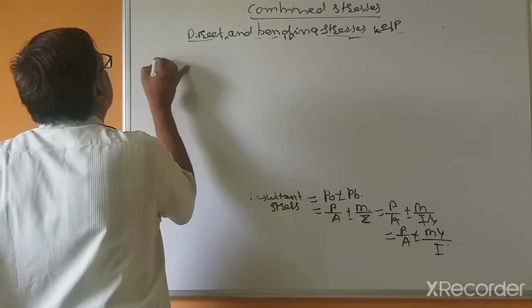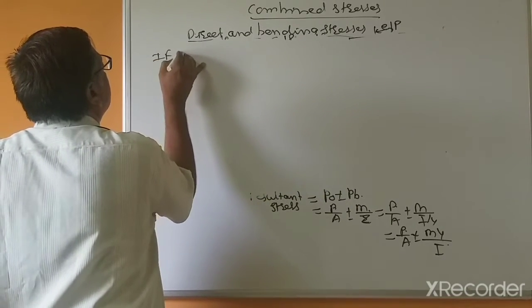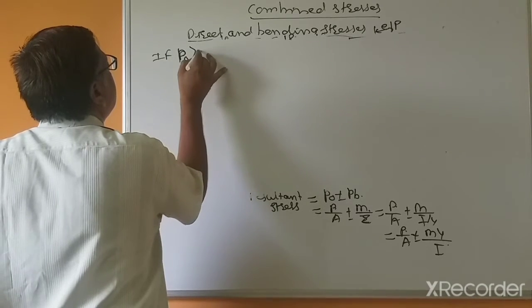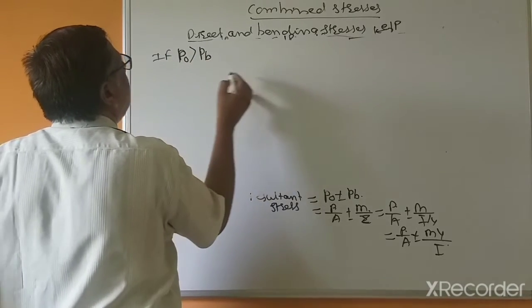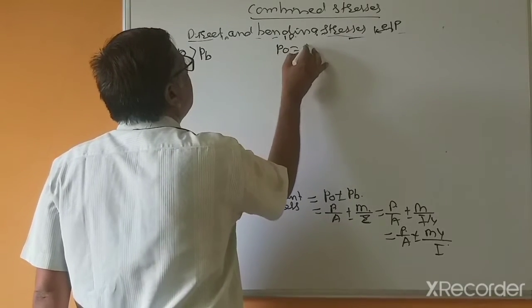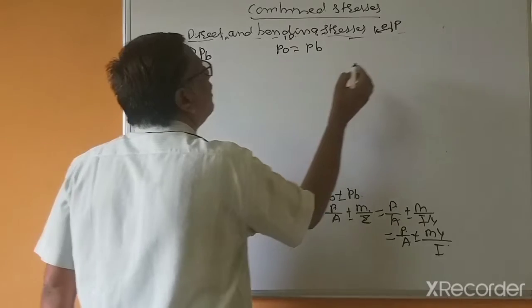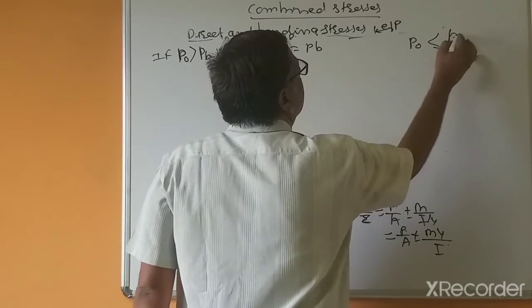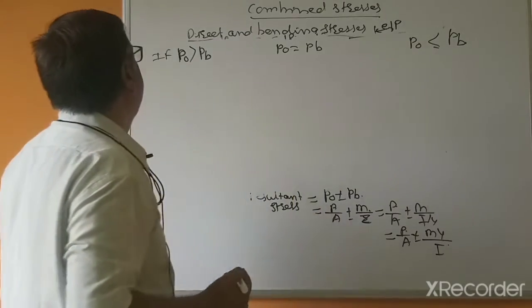So if P0 is greater than PB, P0 is equal to PB, and P0 is less than or equal to PB.